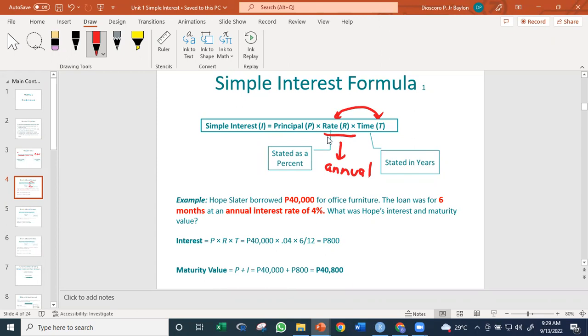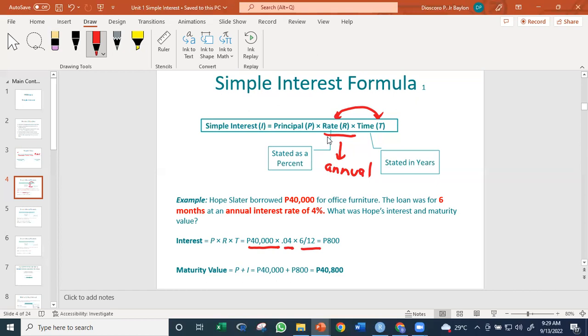Okay, so we looked at some basic problems. Just a quick review. If you're borrowing, for example, 40,000, and the interest rate is 4%, and the term is just 6 months.